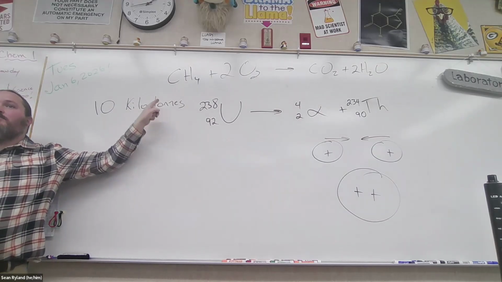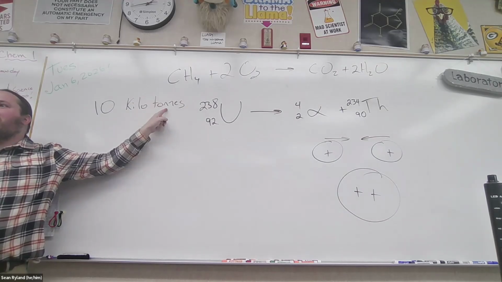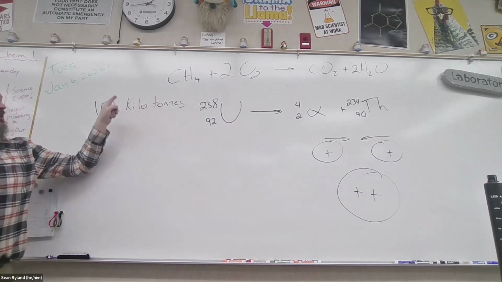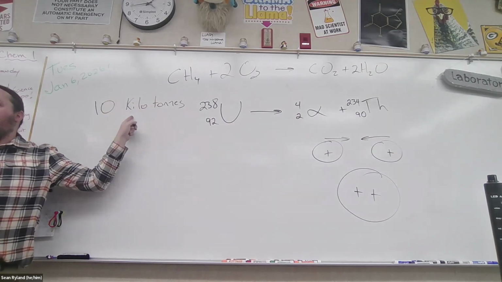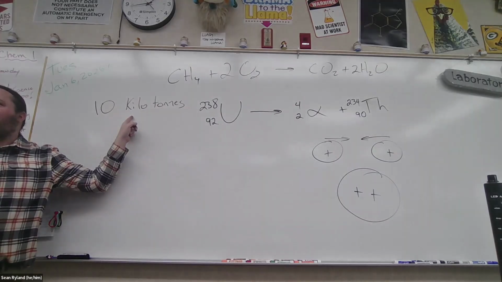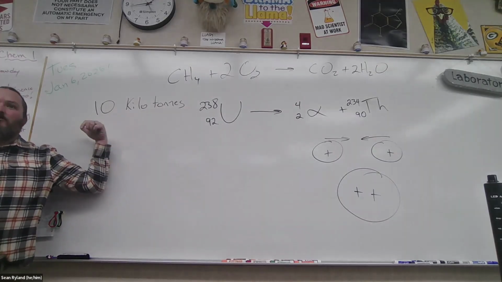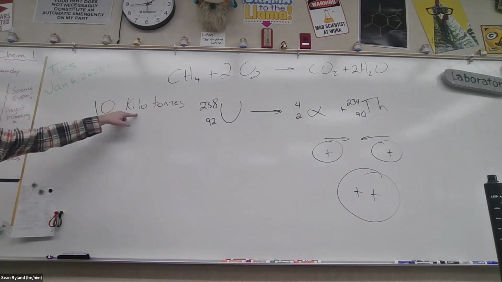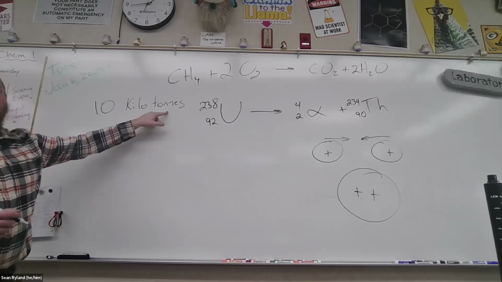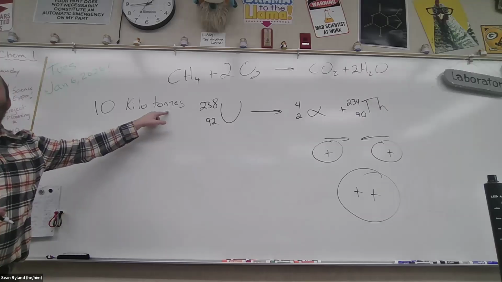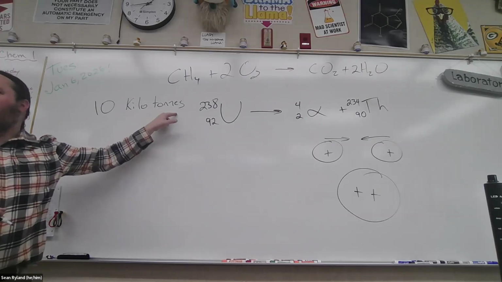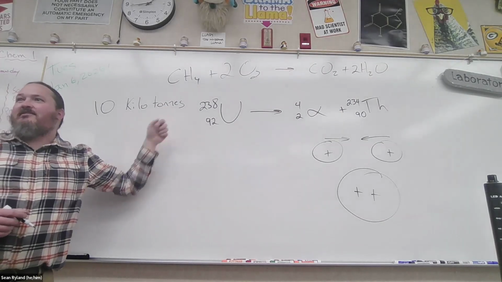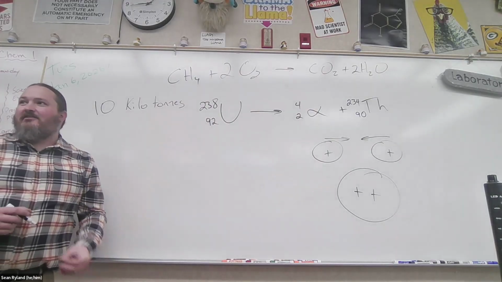So 1,000 kilograms of TNT is 1 ton, and a kiloton is 1,000 tons of TNT. This is one bomb that released the equivalent of 10 times 1,000 times 1,000 kilograms, so like 10 million kilograms of TNT detonating simultaneously. And that's the smallest one of these that we've ever detonated.